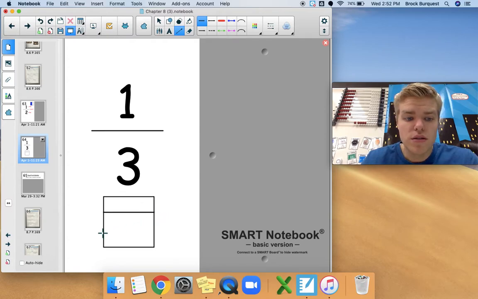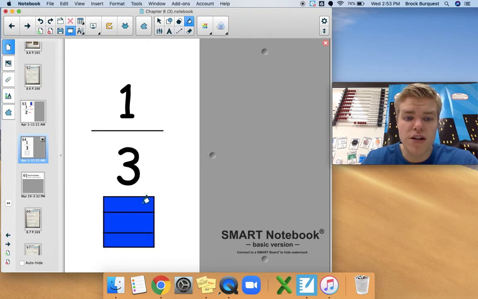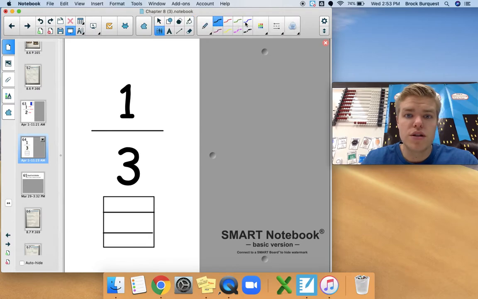So I have 1, 2, 3. Okay? And if we were going to make 1 out of 3 a fraction, oopsies, I wouldn't color the whole thing. I would just color one spot. So now 1 out of 3 is colored in.